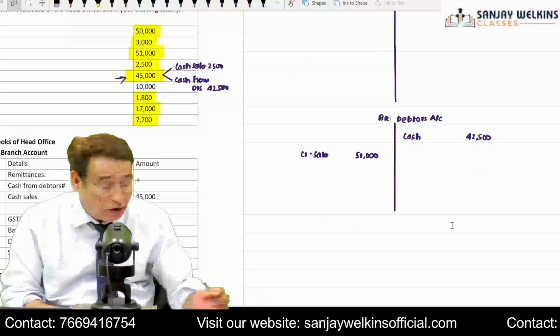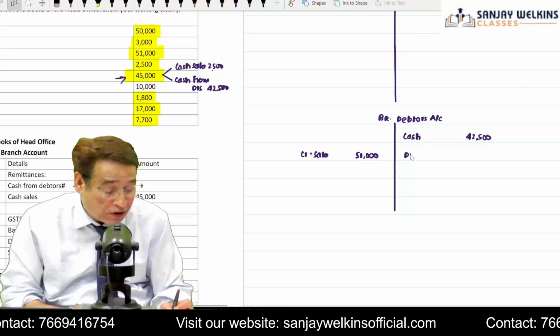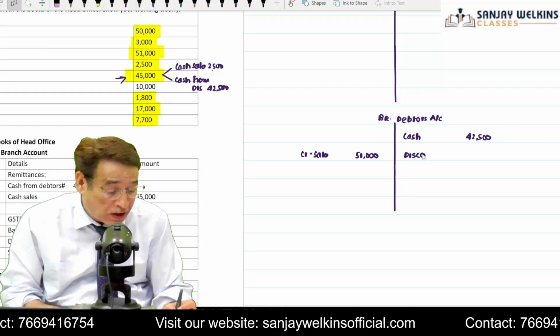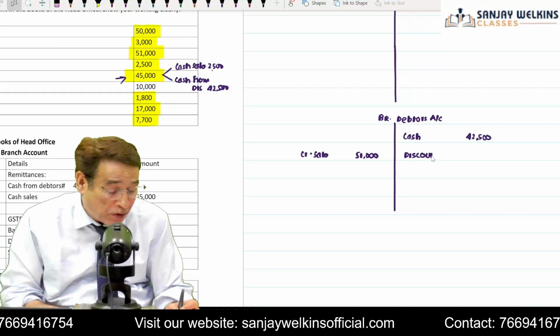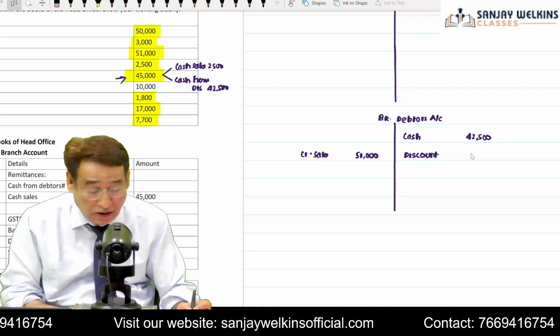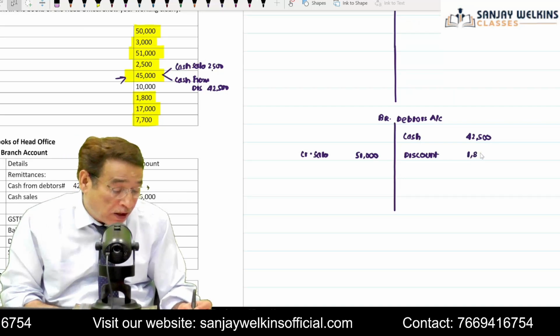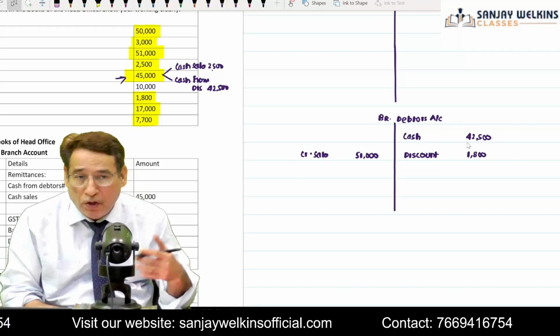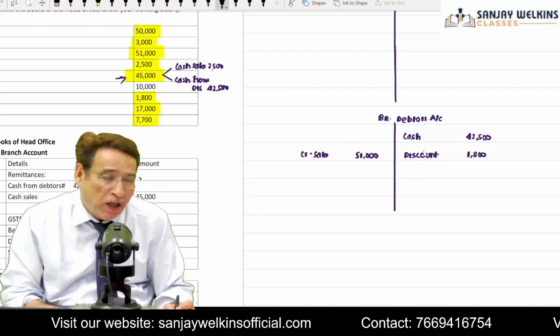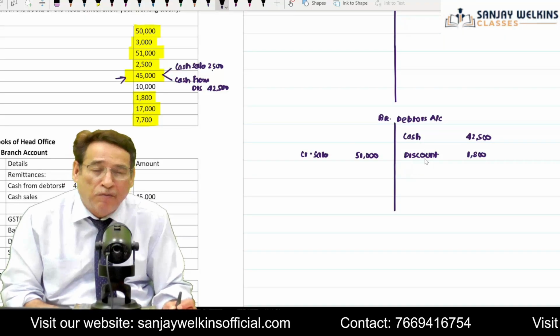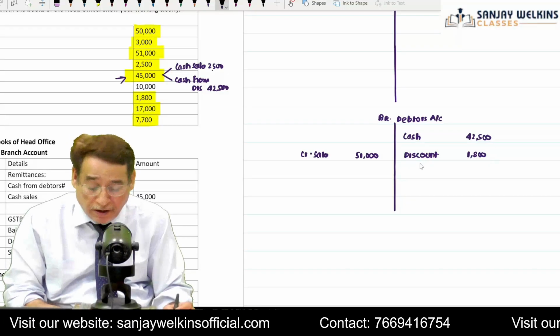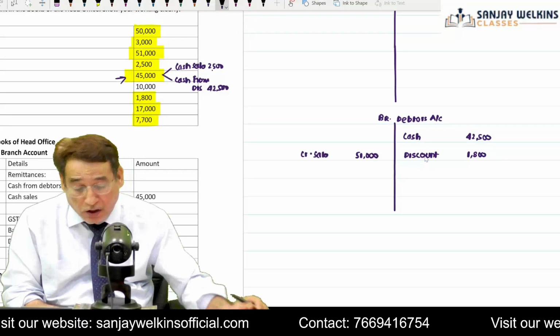So I have just told you discount, bad debts, sales return. All these transactions are considered as transactions taking place between the branch and branch debtors. So that is why they are put in the debtors account, and when we give discount to the debtors, the debtors balance will decrease, and that's the reason why we are supposed to put them on the credit side.